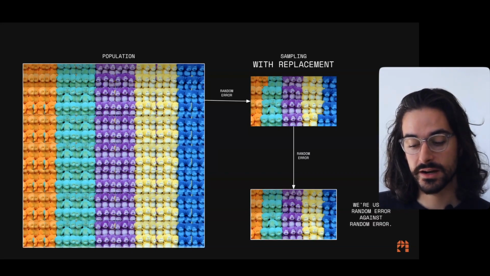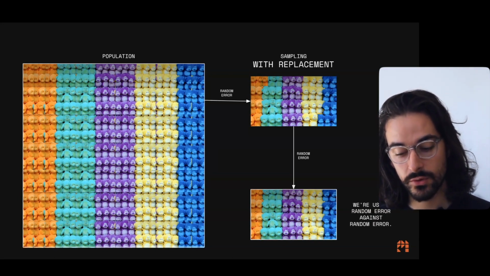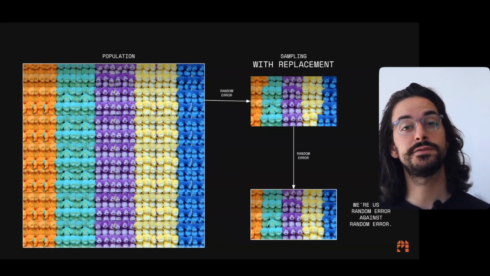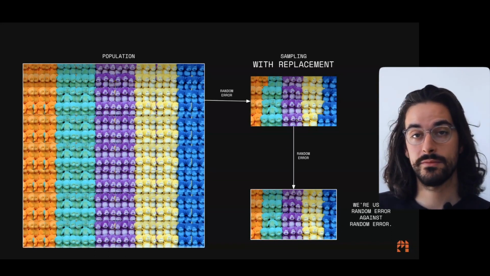So we're using random error against random error. That's what I'm trying to tell you, because it could be that the new sample is actually more representative of the population than the initial sample. We actually have that chance. And if we do it enough times, we're increasing the chances that random error will fight random error.